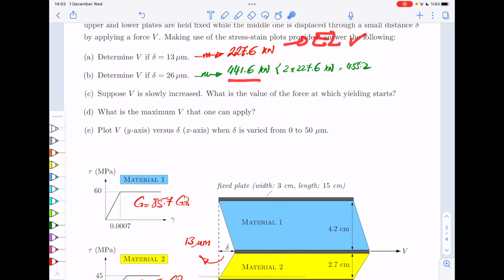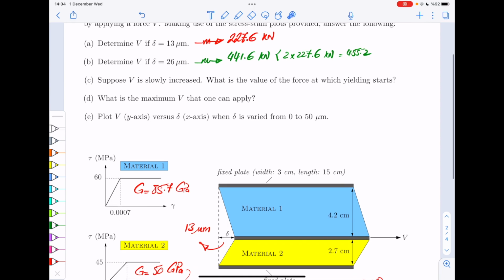If we exceed that to 441.6 kilonewton, we know one of them is plastified. The question asks you, what is the maximum force you can apply and still both of them are elastic. Okay, at which point does it start? We know it's less than this, because if we apply this, we are already in the plastic zone. So we are looking for a number between these two where the plastic or yielding starts.